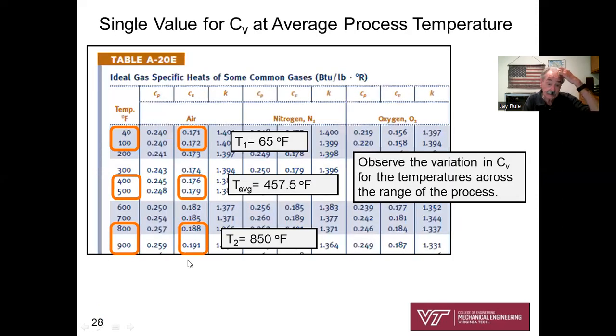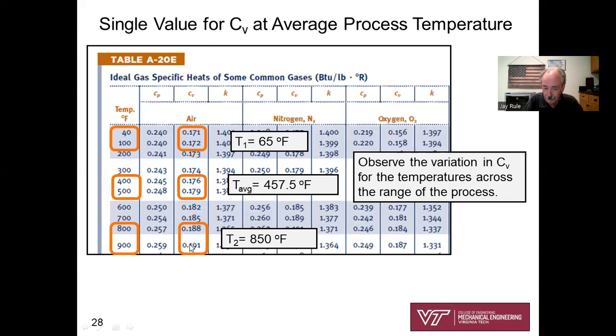So we'll look at the pre-work that we did to get this result. Here is table A20, looking for a single value for C sub V. Here's our initial situation; we don't look at that. Here's our average situation, so this is what we're interested in, and we're going to need to interpolate between 0.176 and 0.179. And here's our upper temperature. The reason I circled them is notice how the numerical value for C sub V does change as temperature gets dramatically higher.